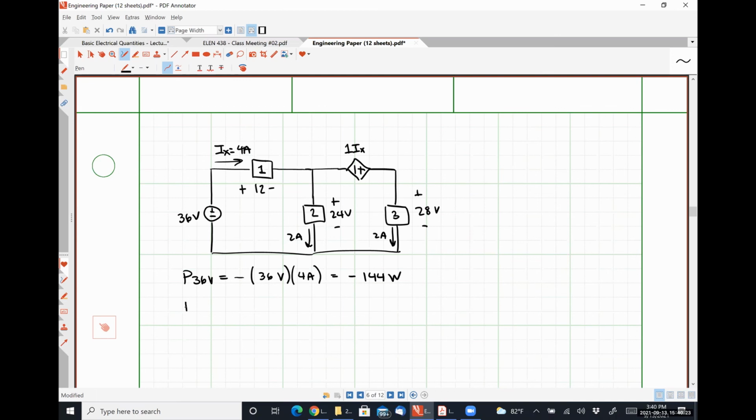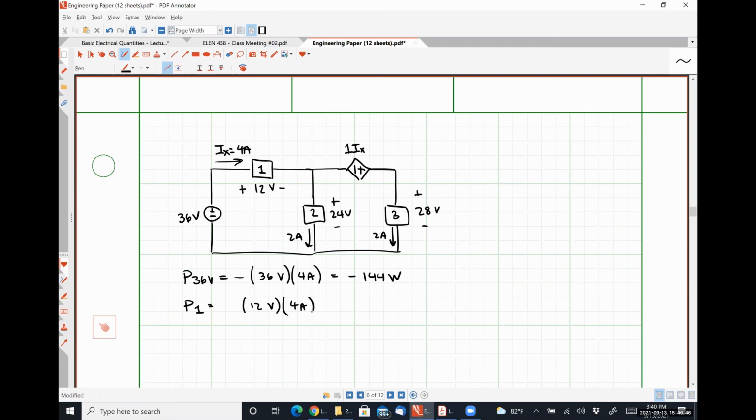Now let's look at element 1. What's the voltage drop across element 1? What's the current flowing through element 1? Is the current flowing into the positive polarity terminal or out of the positive polarity terminal?